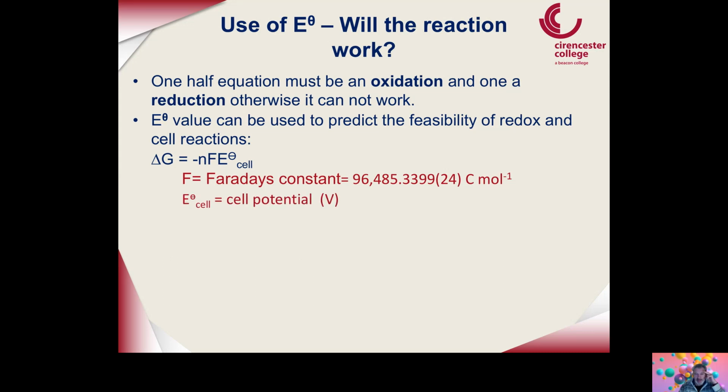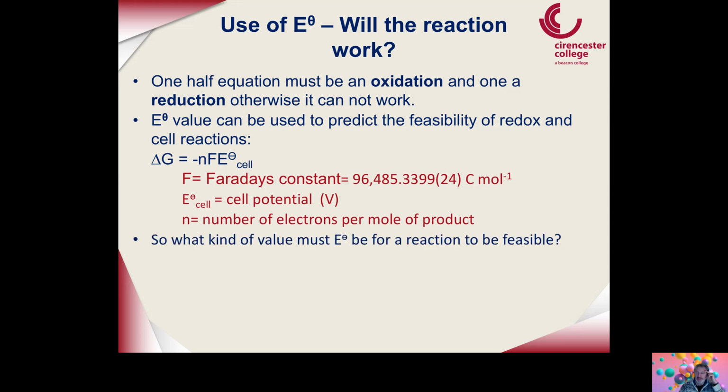E cell is the cell potential, i.e. something like plus 3.8 or plus 2.59 that we saw from the last slide. n is the number of electrons per mole of product. That does relate to the fact that lithium is 1 electron, and that obviously has an effect on the battery output.